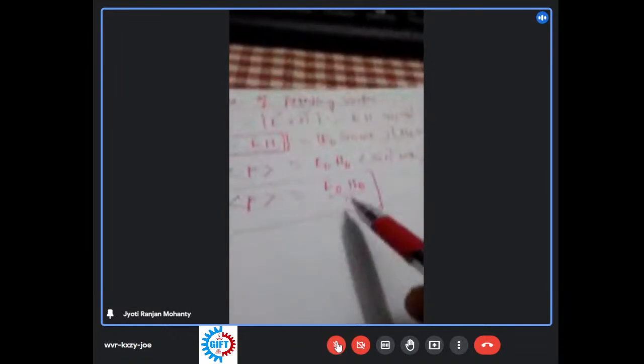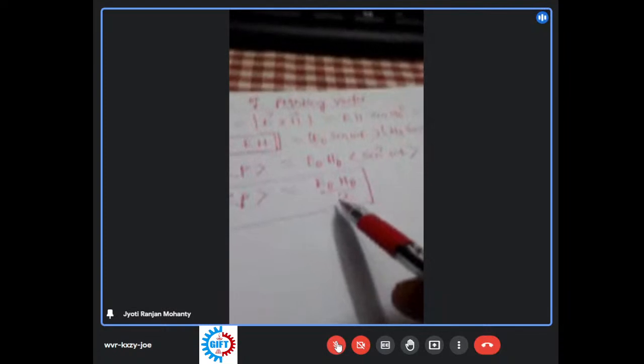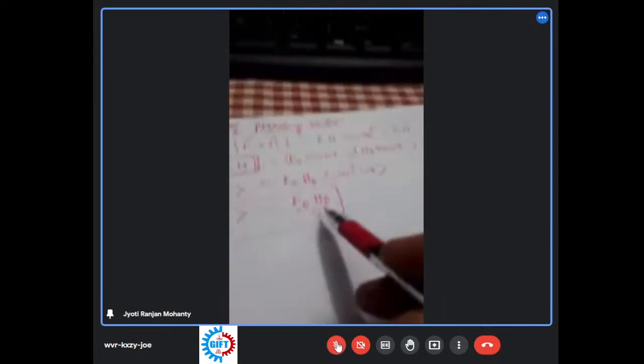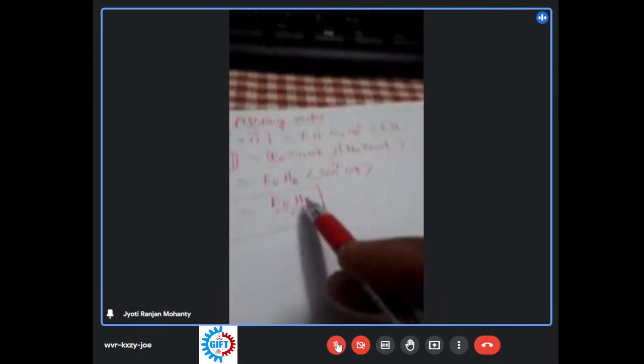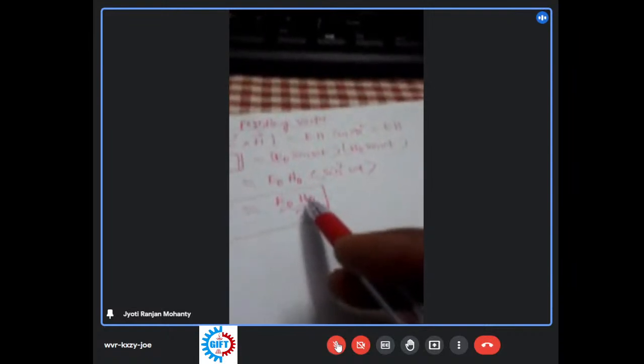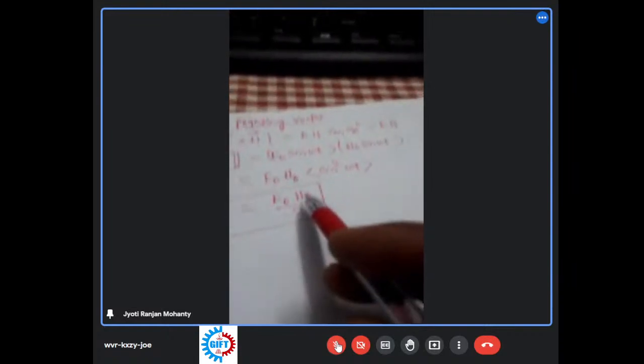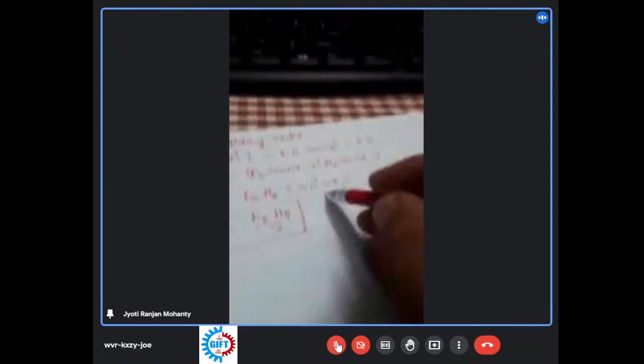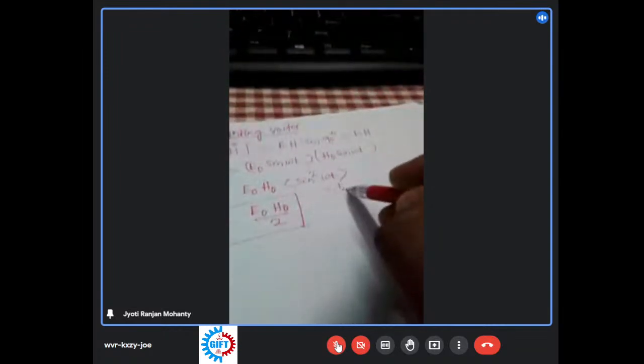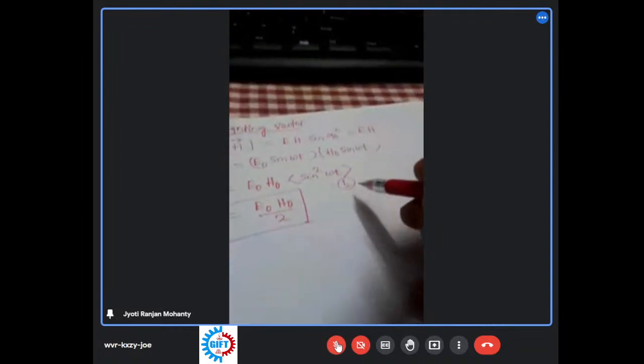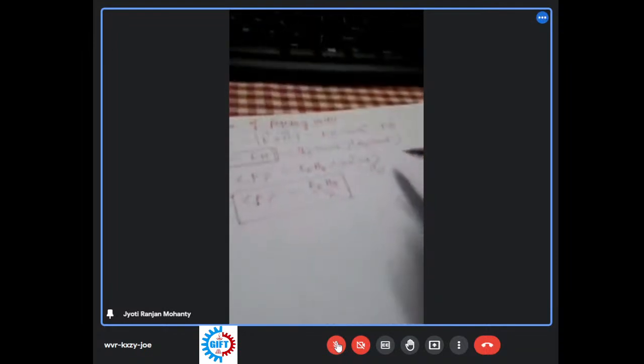This is E0 H0 by 2. E0 H0 are peak electric field and peak magnetic field. The average value of sine square omega t is equal to 1 by 2. So this is one formula.